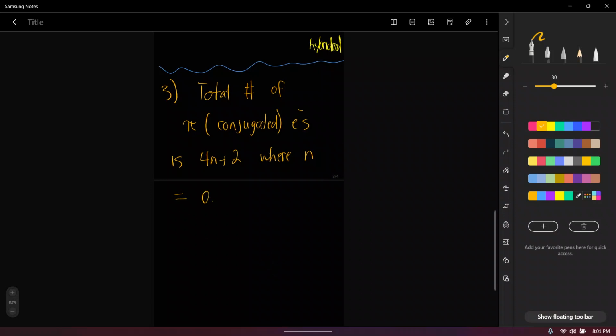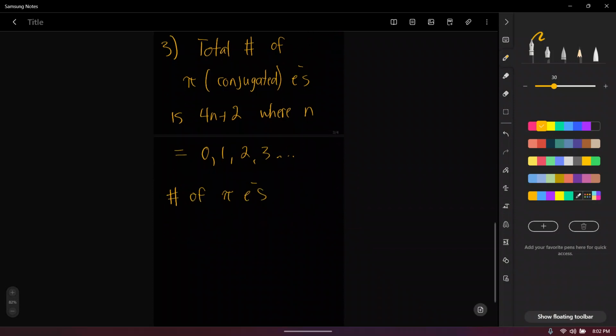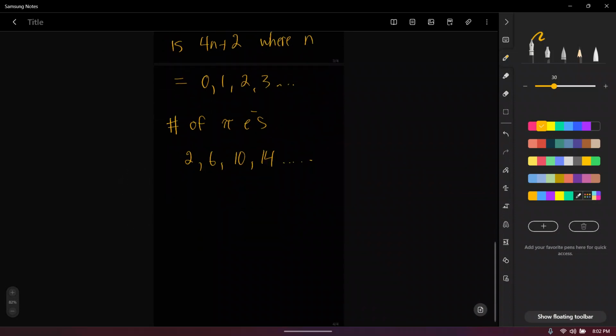So n can equal 0, 1, 2, 3, and so on. Which means that the number of pi electrons, in order for something to be aromatic, has to be 2 or 6 or 10 or 14, and so on. Okay, so knowing all of that, let's draw some aromatic molecules.